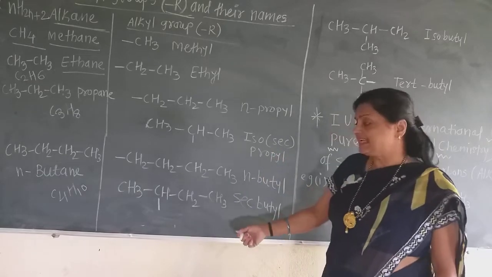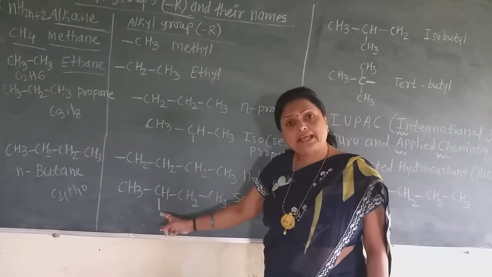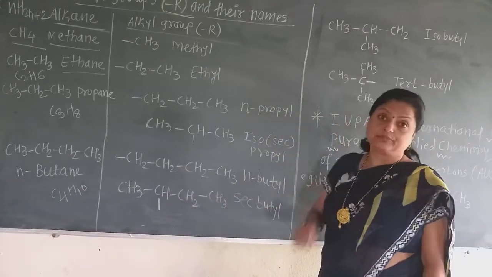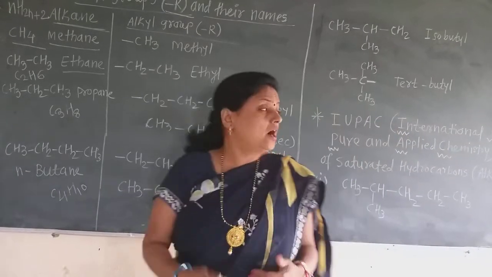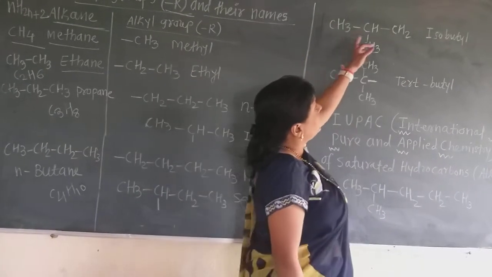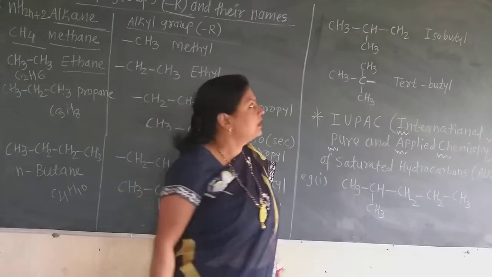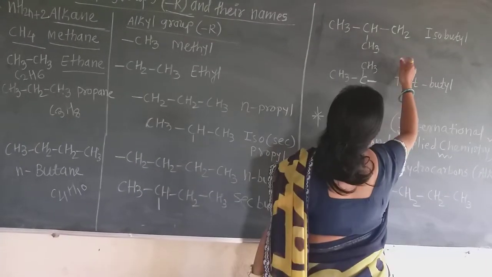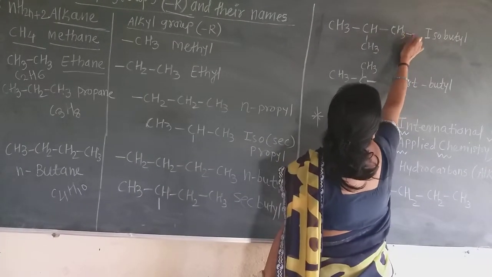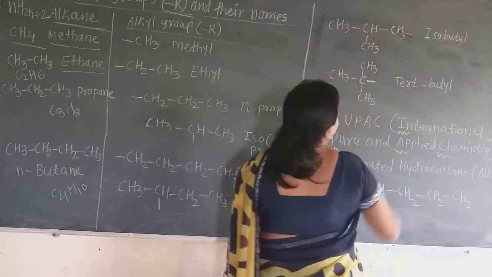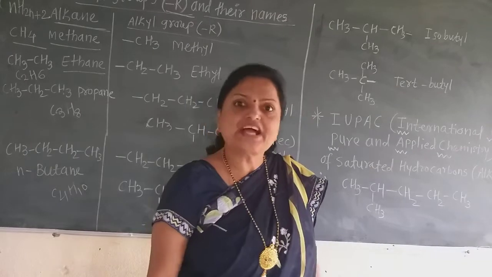Now, if the free valency is on the second carbon atom, then that group is called the secondary butyl group. But if I arrange the carbon atoms of butane in this way, with another CH3 here, you know that this is also butane, because C4H10 is there. This is branched butane.